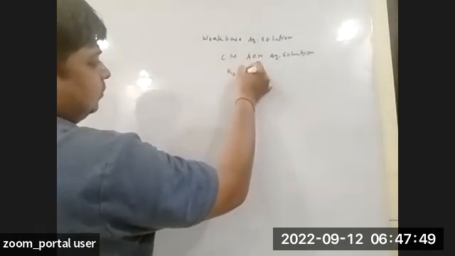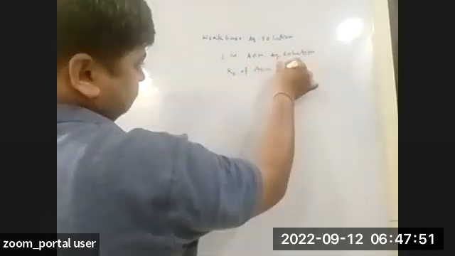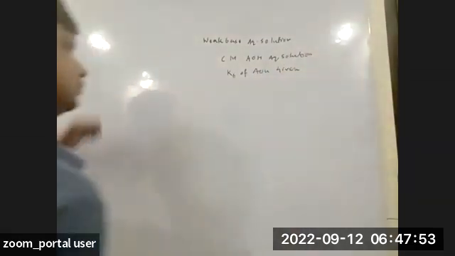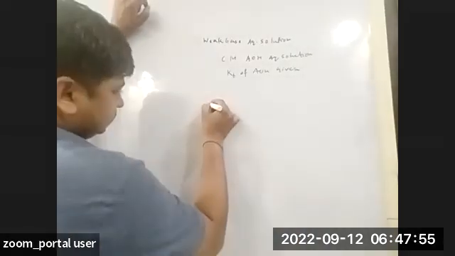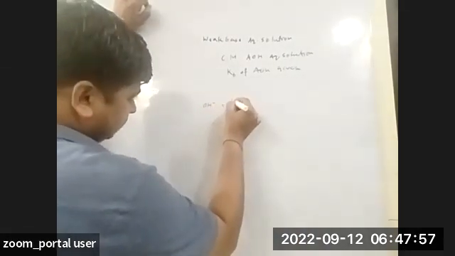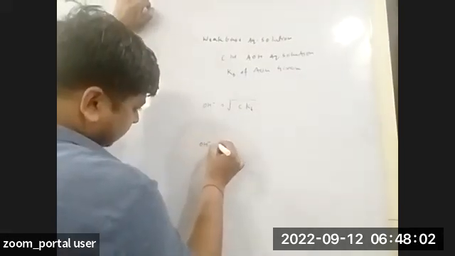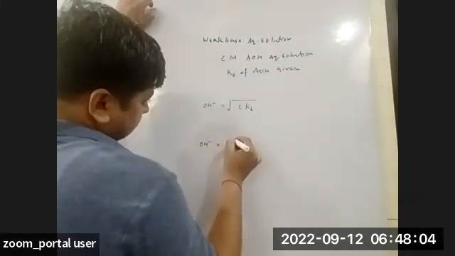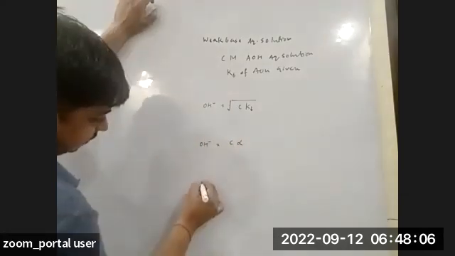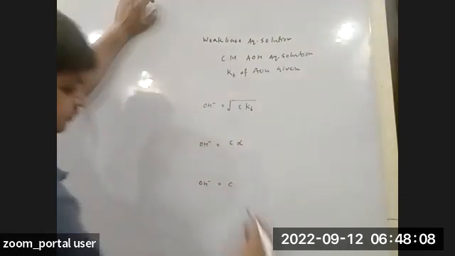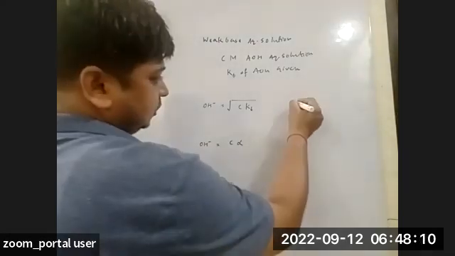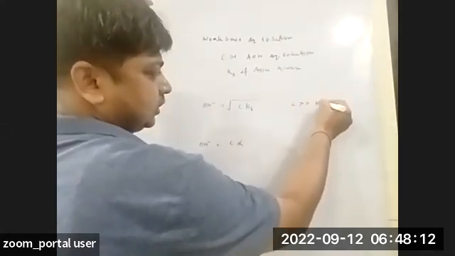And Kb of AOH is also given. So again, OH minus ion will be root of C into Kb, correct? And OH minus ion will be C into alpha. And OH minus ion will be C. Yes or no? For this, C should be very, very greater than Kb.